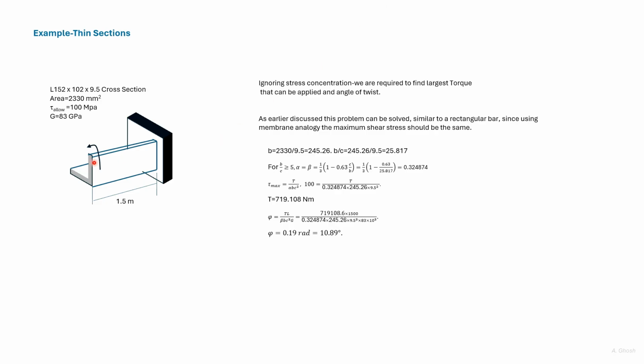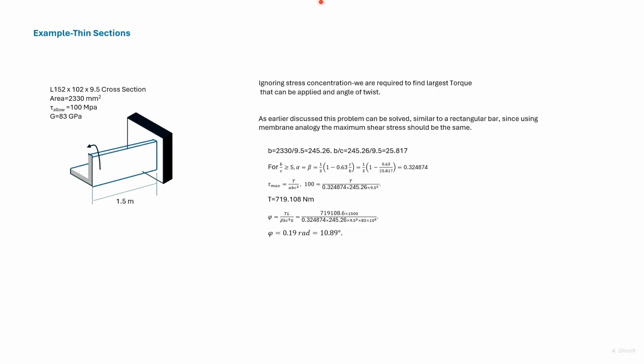Here a standard section is taken as mentioned. The thickness and the area of the section is given, maximum allowable stress is given, and G is given. We are asked to find out the maximum torque that can be applied and the corresponding angle of twist.